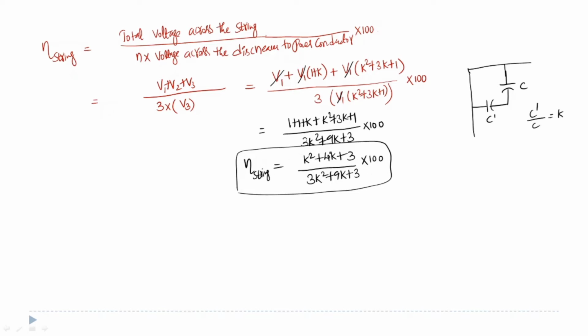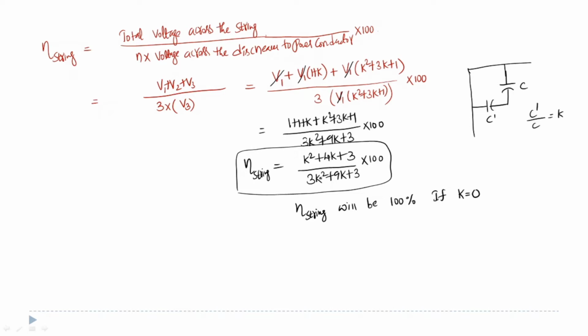How can I make this string efficiency 100%? String efficiency will be 100% if the K value is equal to 0. If K is equal to 0, this term is 0 and this term is 0, and you have only 3 in the numerator.